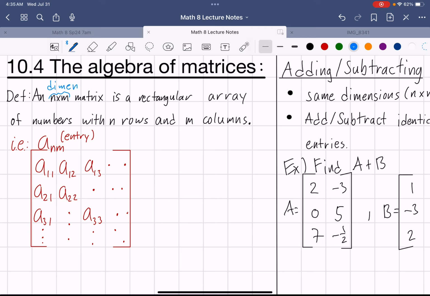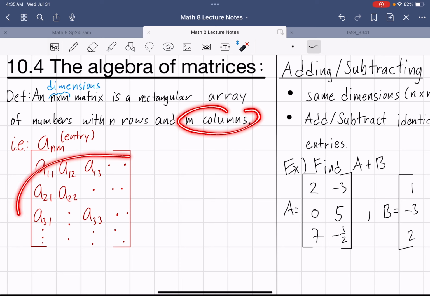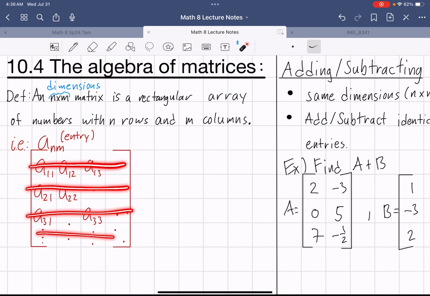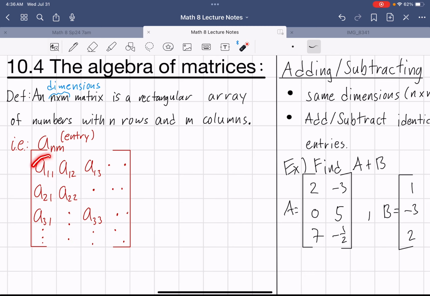And by that, it's telling us how many rows and how many columns make up this matrix. And this is what it looks like. There are just rows and columns, and each value is known as an entry.